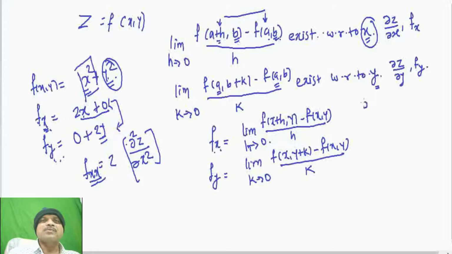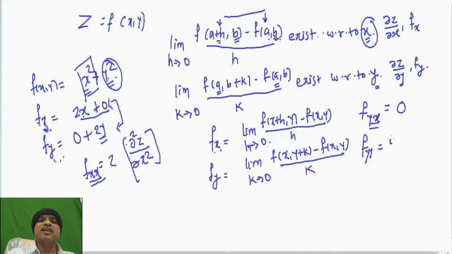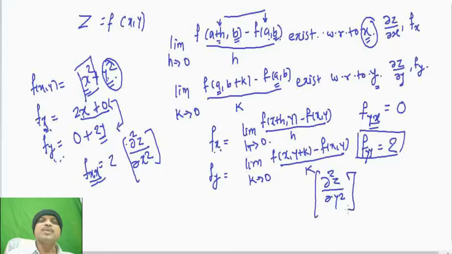Similarly, when I calculate the derivative with respect to y of this function, I will get 0, since when I treat it with respect to y, I treat this x as a constant term, and the derivative of a constant is 0. Similarly, I can calculate the derivative of this fy with respect to y one more time, and I will get 2. So this is the second derivative, and I will write it as delta 2z divided by delta y square. It is not a complete derivative, it is a partial derivative with respect to x and with respect to y.